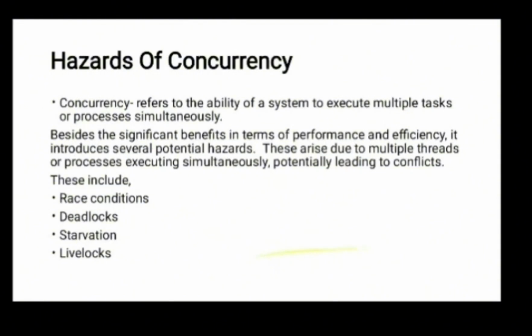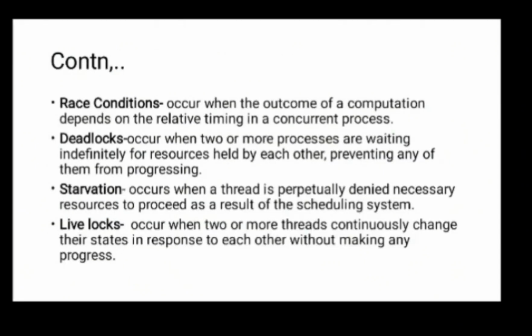So these race conditions occur when the outcome of the computation depends on the relative timing of concurrent processes. So it will depend on the timing that is assigned to each thread or each process.